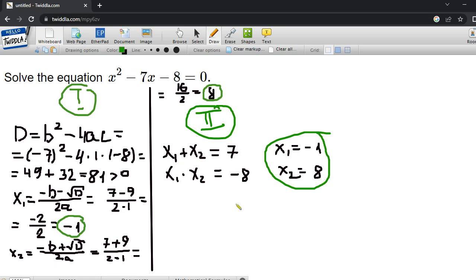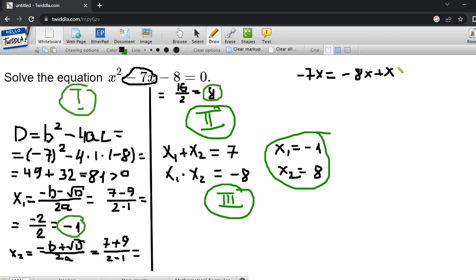And finally, the third method. Let's look at negative 7x. We can write minus 7x like minus 8x plus x.